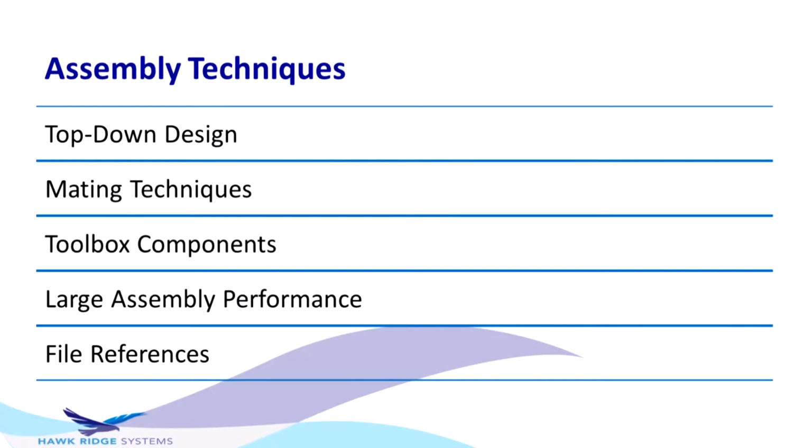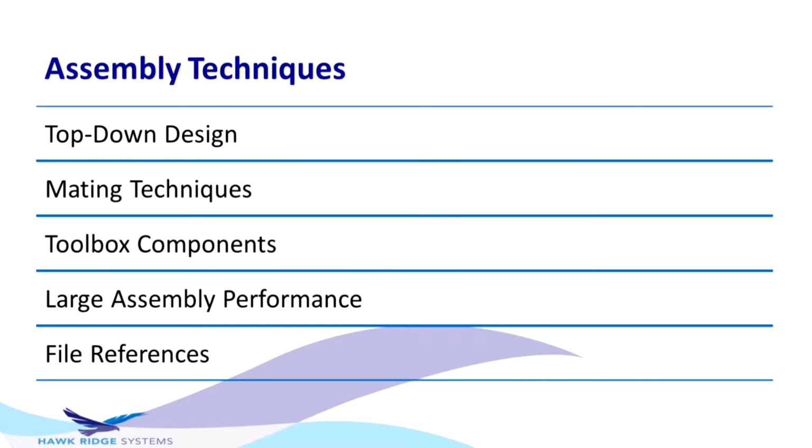So for today's night school, I want to go over assembly techniques. You can see here from the agenda, we're going to talk about top-down design, mating techniques actually, toolbox components, large assembly performance, and file references are actually going to be covered more tomorrow. So this is 2 sessions. It's 1 hour today, and then 1 hour tomorrow.